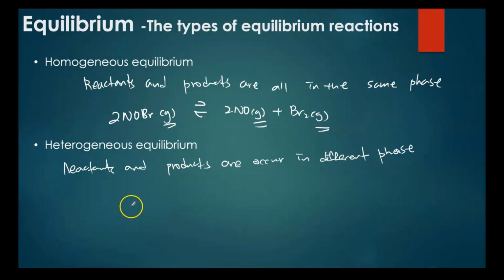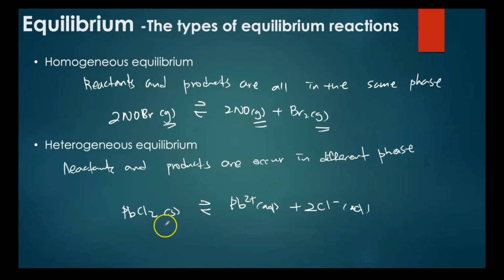The example can be PbCl2 solid in equilibrium with Pb2+ aqueous plus 2Cl- aqueous. So we can see that in this case, the reactant is in solid phase, the products are in aqueous state, so we say this is heterogeneous equilibrium.